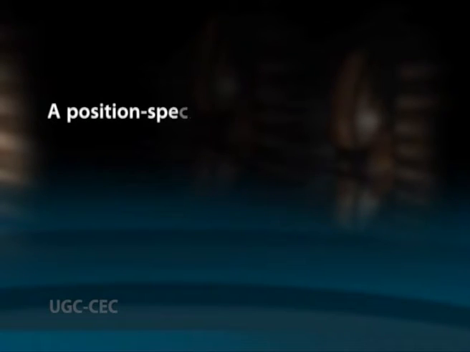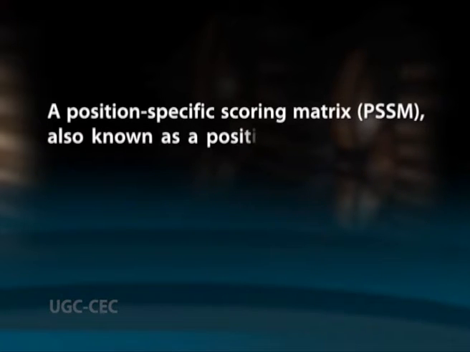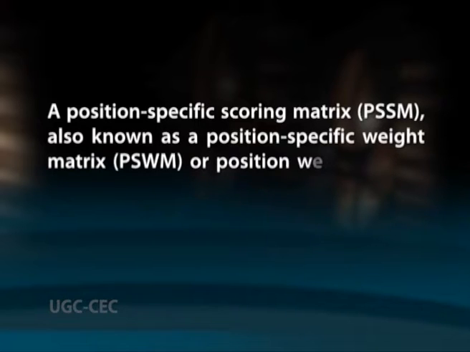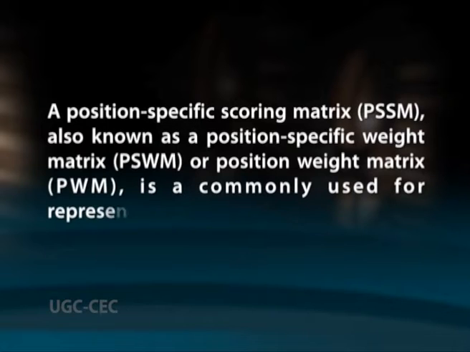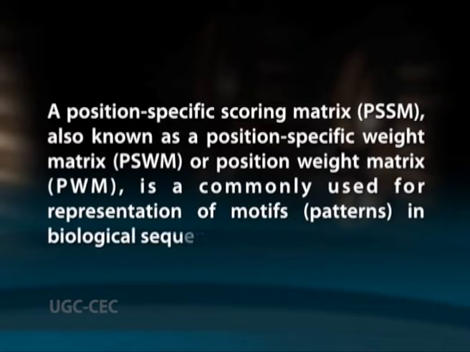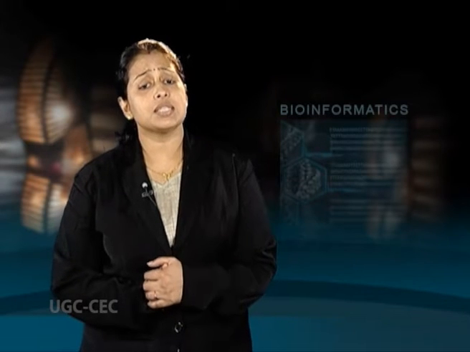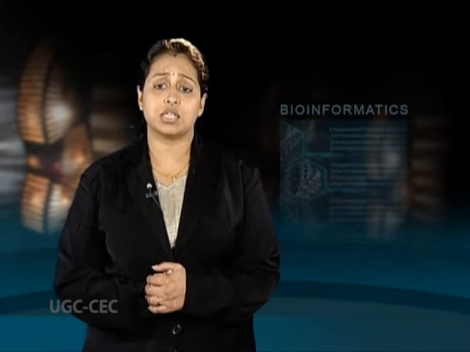A position specific scoring matrix or PSSM, also known as position specific weight matrix or PSWM, or position weight matrix PWM, is a sequence profile commonly used for representation of motifs or patterns in biological sequences. Thus, PSSM gives a quantitative description of a sequence motif.